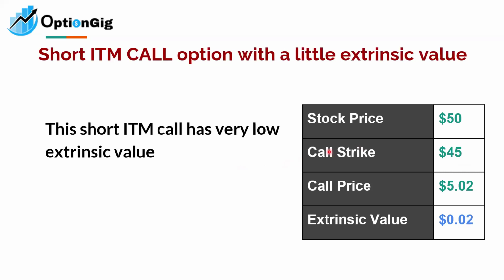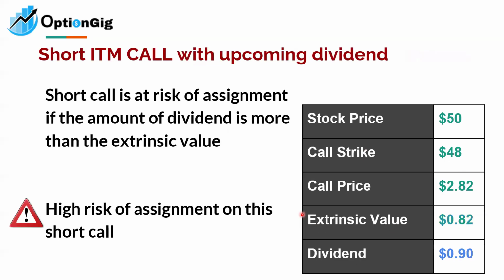Short in the money call option with a little extrinsic value. In this case, the extrinsic value is 2 cents, so it is at risk of early assignment. This is a short in the money call with an upcoming dividend. It may not be way in the money. In this case, the extrinsic value is not small. It's 82 cents, which is not little.